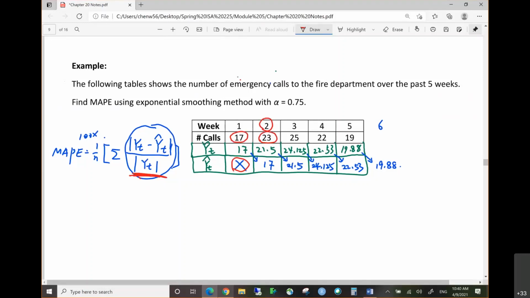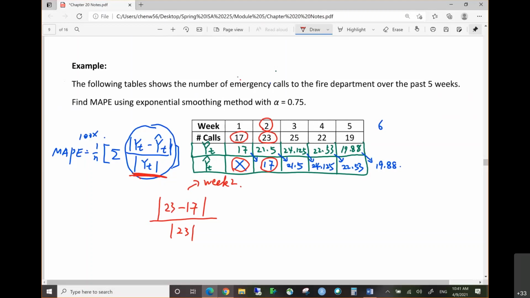What is the predicted value? 17. So for week 2, we have one pair of Yt and Yt hat. We have 23 minus the predicted value 17, divided by the observed 23. So this is for week 2.